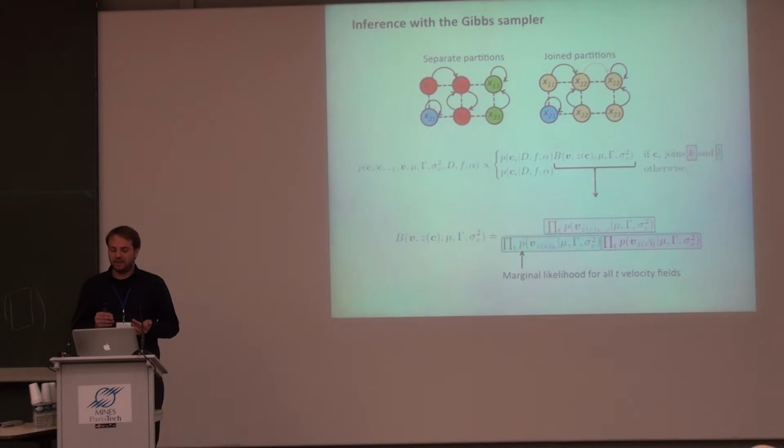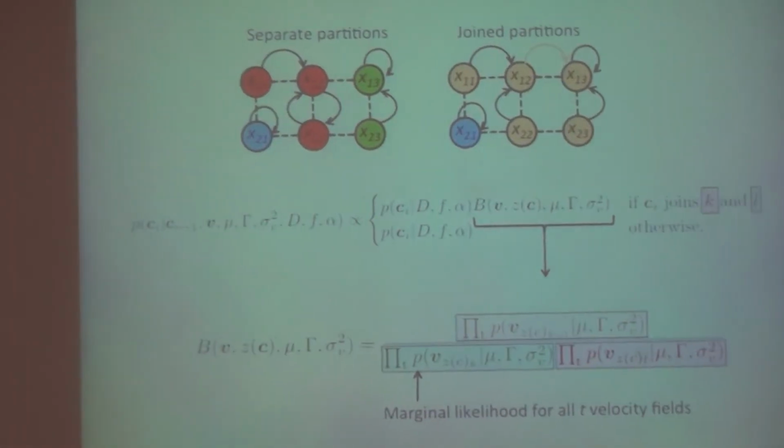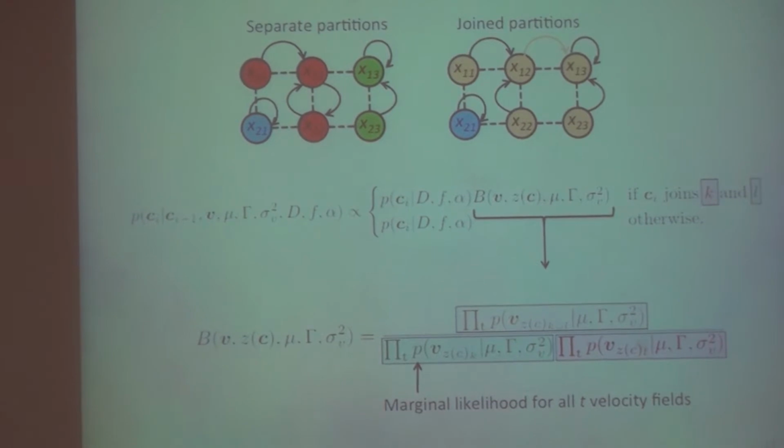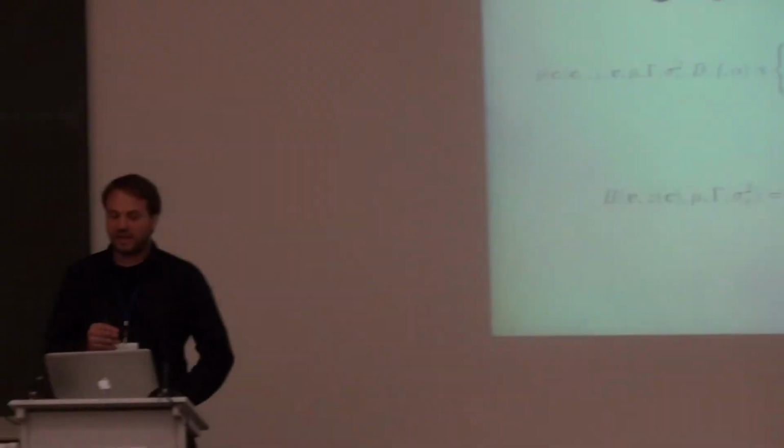And we sample according to this factor, and if the data tells us that we should merge, then we merge according to that probability. If not, we split the partitions. So that's essentially the idea behind sampling partitions, given the velocity fields with the prior deformations.